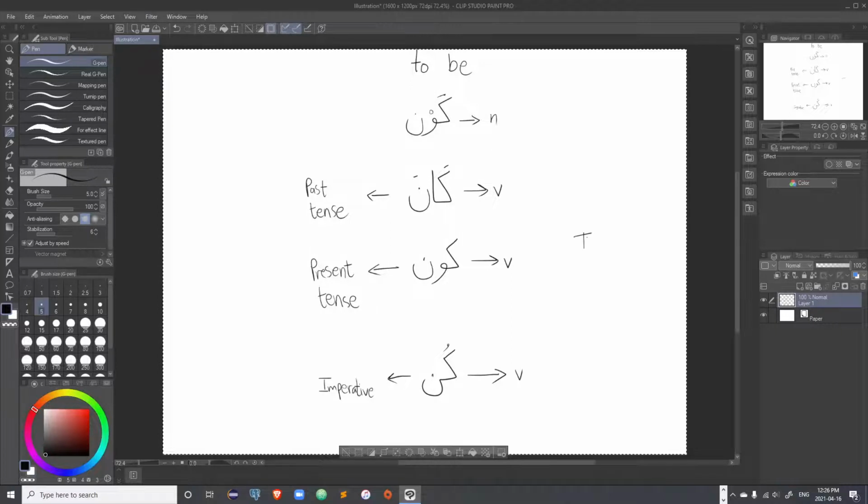If I want to say I would be grateful, I would say ana, and since this is future tense, I would say sa or saufa, so I will add sa, and then the conjugation for the present tense with respect to ana, akunu, sa'akunu.